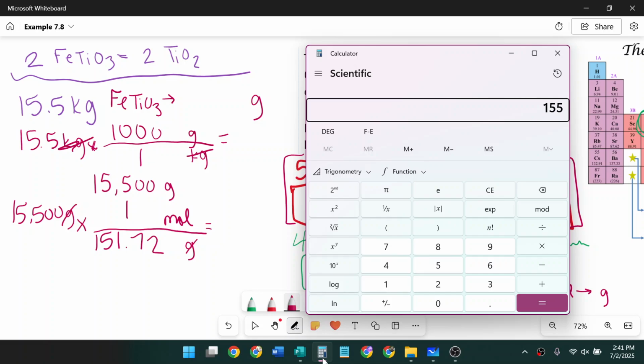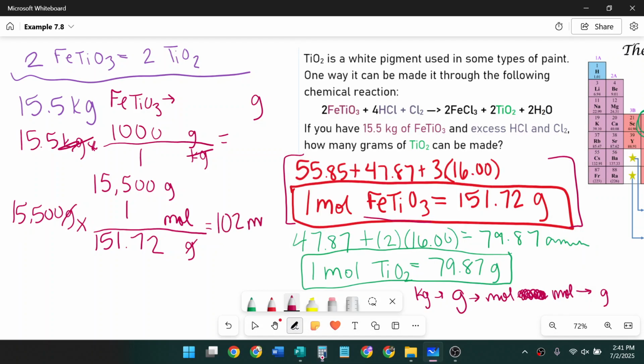So 15,500 divided by 151.72. All right, so we can only keep 3 of these, so that will be 102 moles. So that's how many moles we have of this. It's 102 moles.